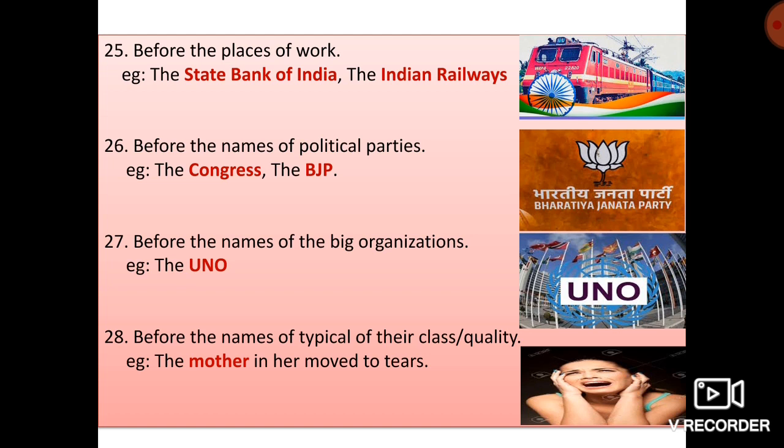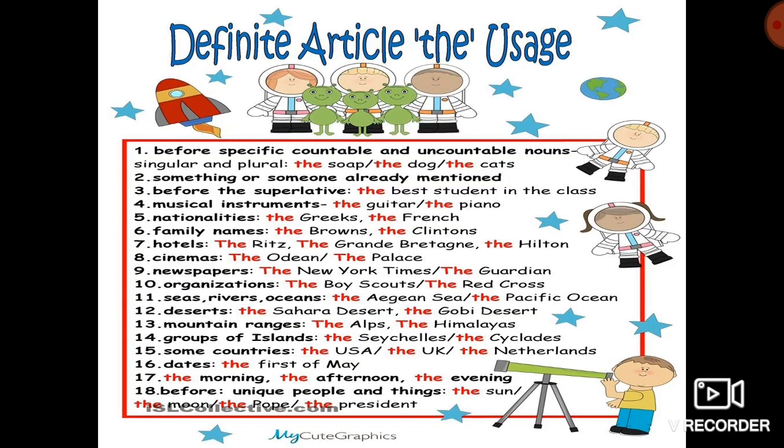And last is before the names typical of their class or quality. For example, the mother in her moved to tears. It is motherhood, the quality we are discussing here. Students, these were the uses of definite article the.